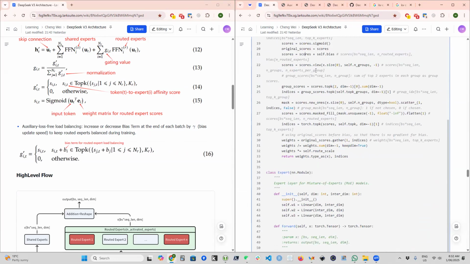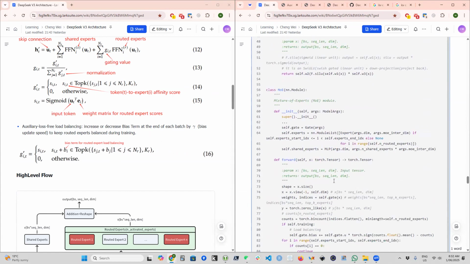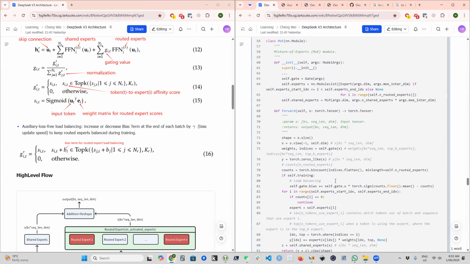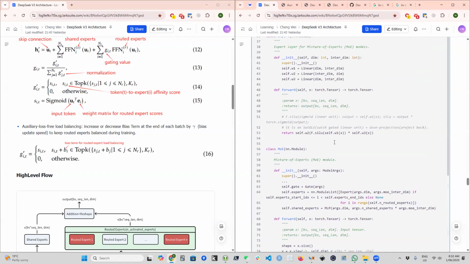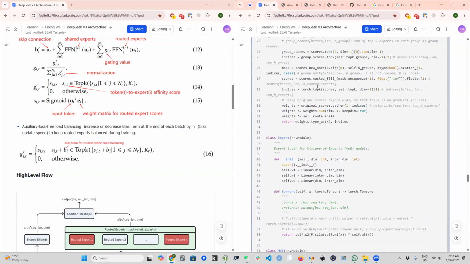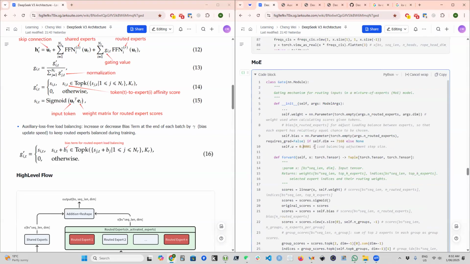But besides the bias term, we also have a place to adjust it. In each batch, we adjust this bias term by its learning rate, the bias update step size.